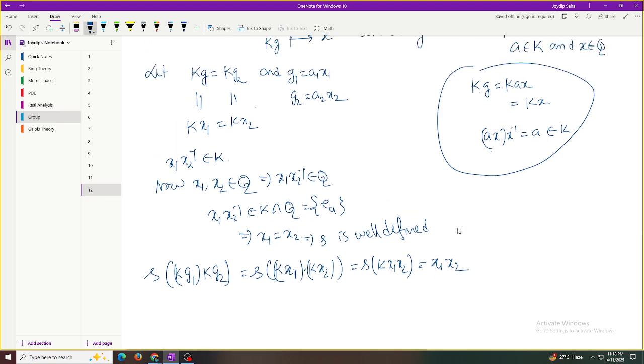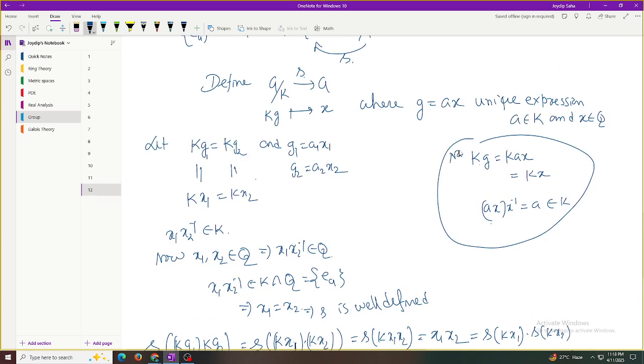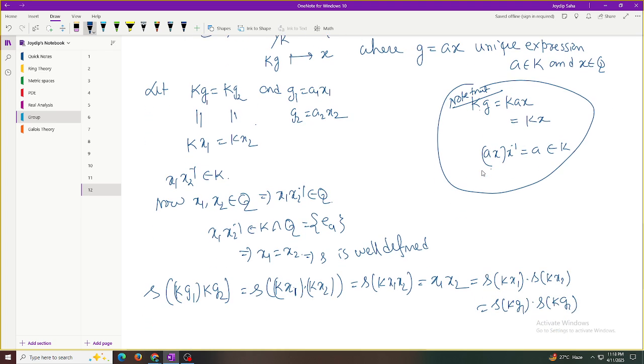That is the definition of S. So S of Kx1 S of Kx2 is S of Kg1 S of Kg2. That is noted. Okay, so it is a homomorphism. S is a group homomorphism.